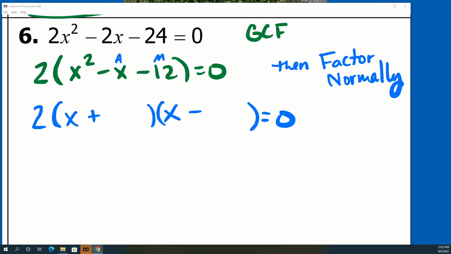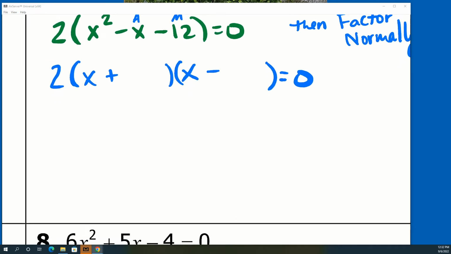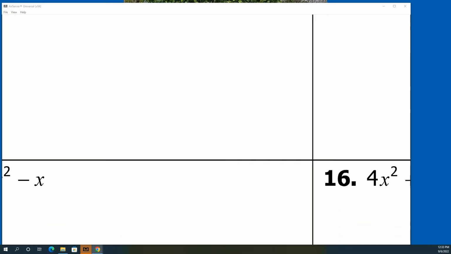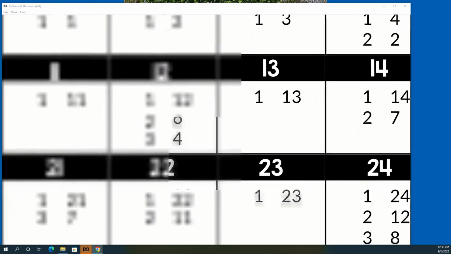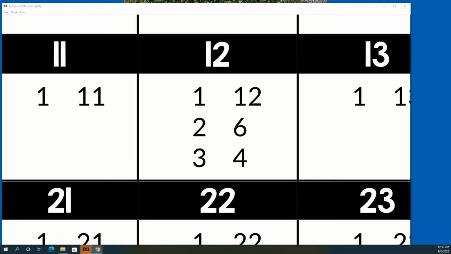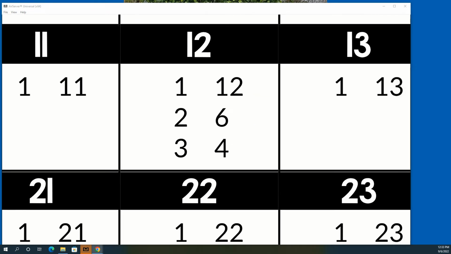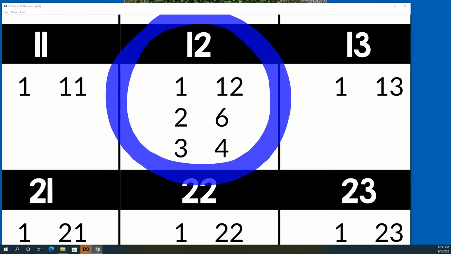All right, so we want to go to our factors pairs chart and look in the 12 box. And since the signs are different, we want to find which pairs in that 12 box subtract to give you negative 1.